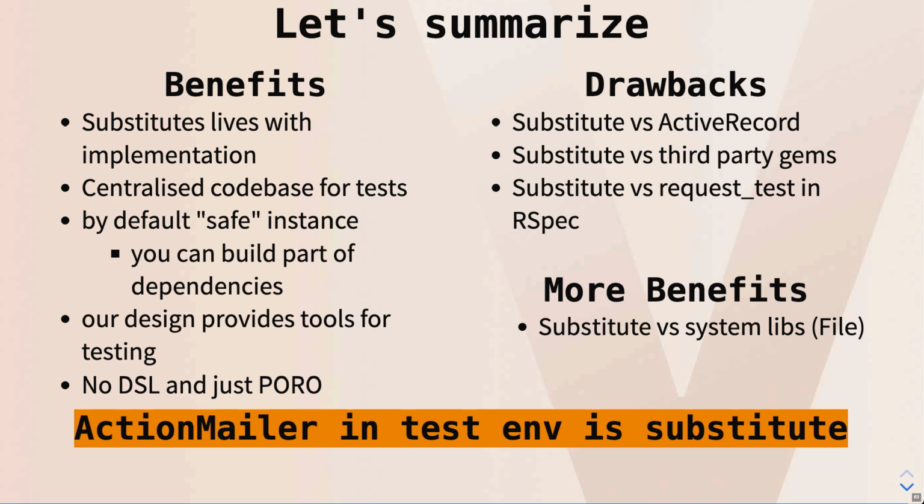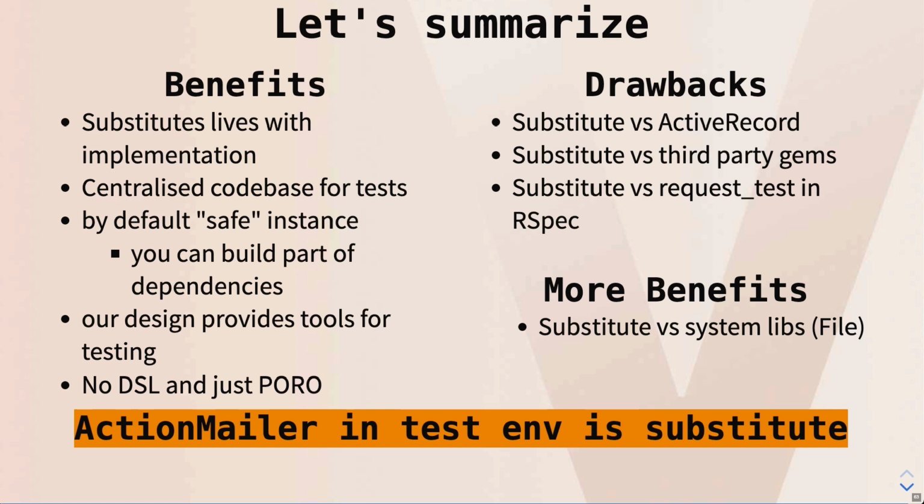And a fun fact: everyone who has worked with Action Mailer in Rails knows that in the test environment it behaves in a different way. You don't need to mock anything in Action Mailer, but you can still read what mail was sent and where.